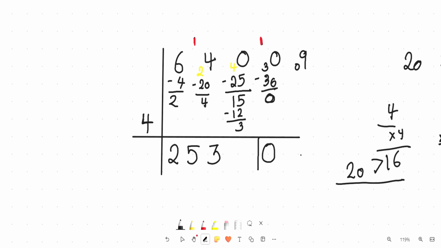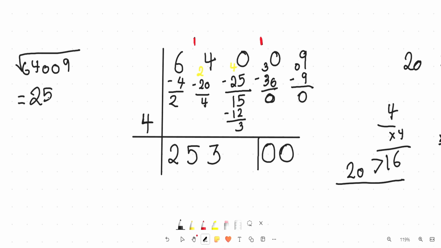The duplex of 530 would be naturally just the duplex of 3, because duplex of 5 and 0 is 0. 5 into 0 is 0, 0 into 2, back to 0. But here 3, so we need to find the duplex of 3. 3 squared is 9, so minus 9, and we have our answer. So the root of 64009 is equal to 253.